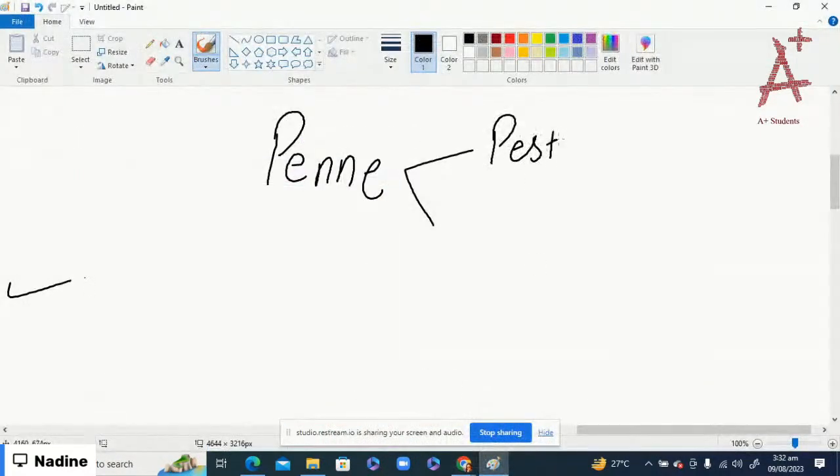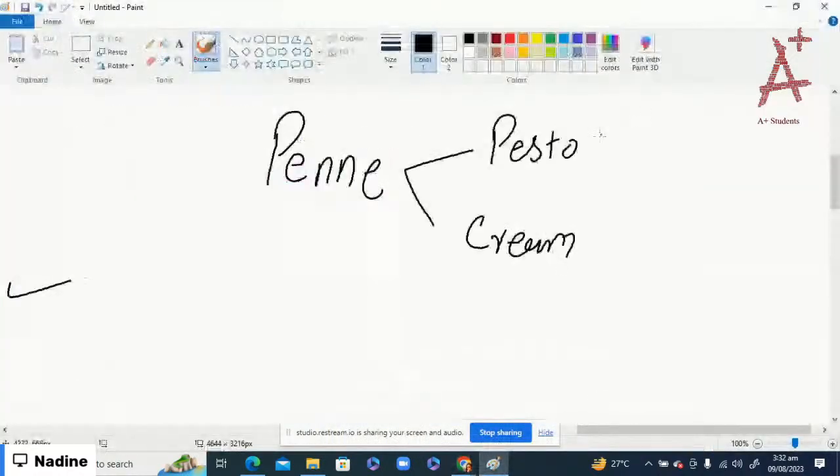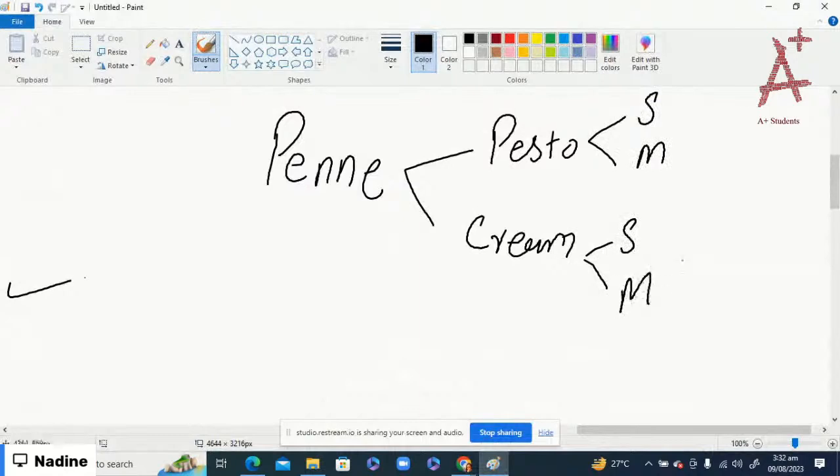Now for each of the two, how many vegetables? Two vegetables for this and two vegetables for this. There is spinach, there is mushroom. There is spinach, there is mushroom. Got it? So how many for penne only? One, two, three, and four.